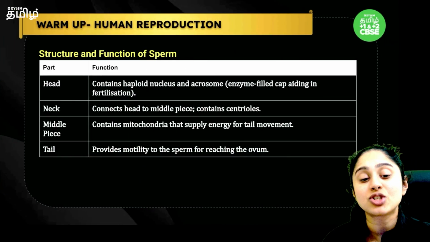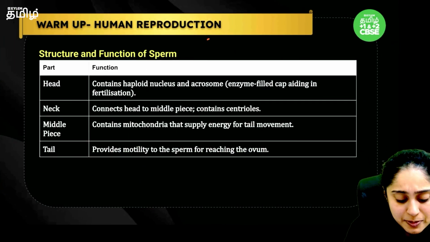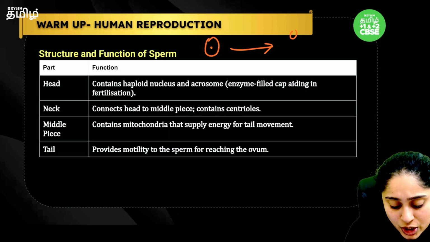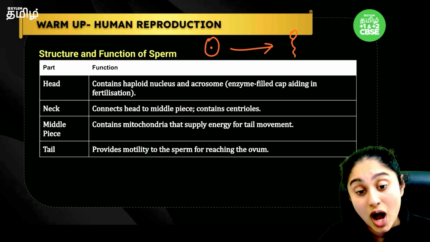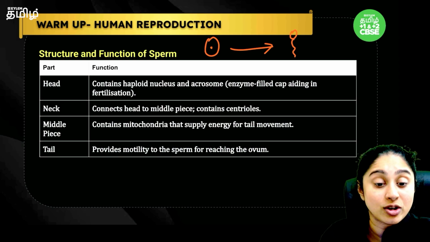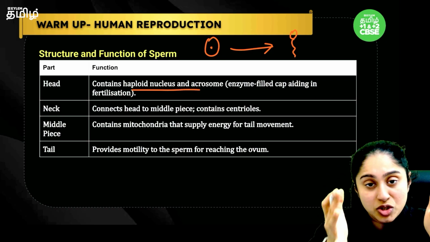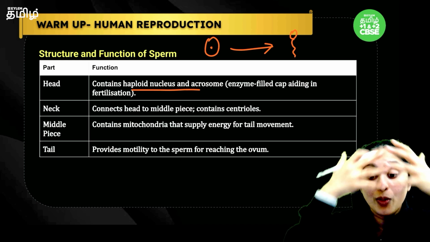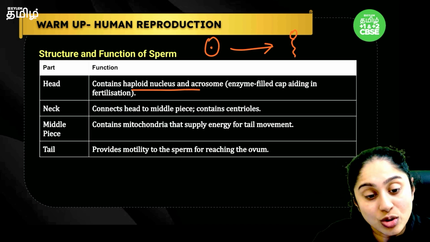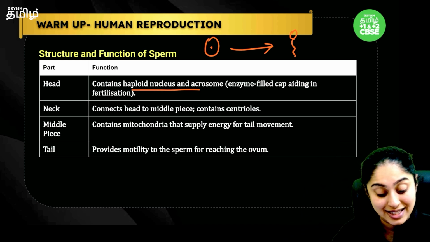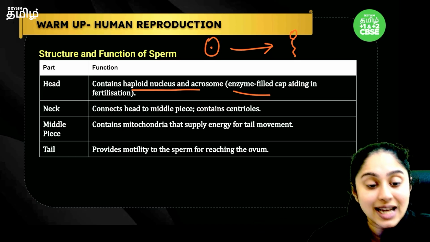Now when you look at the structure of the sperm, from a spermatid it develops into a mature spermatozoa. So what are the parts that the spermatozoa has? Firstly, there is a head which contains the nucleus, the main genetic material, along with a cap called the acrosome. This acrosome has a lot of enzymes that are used during the fertilization process.